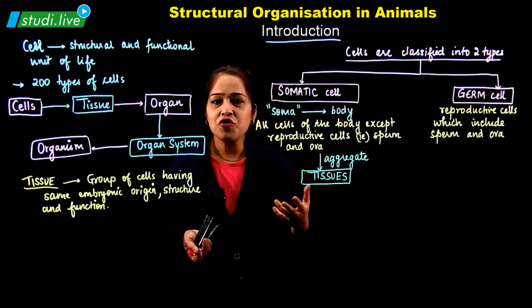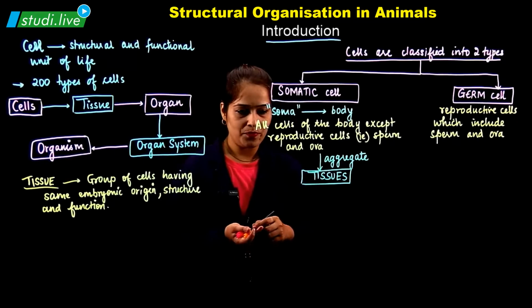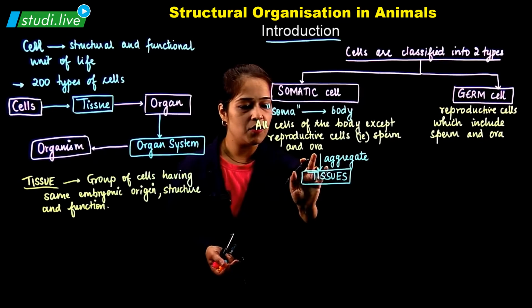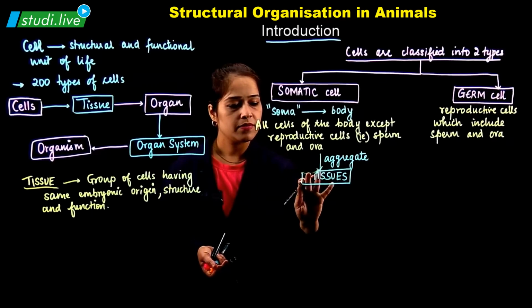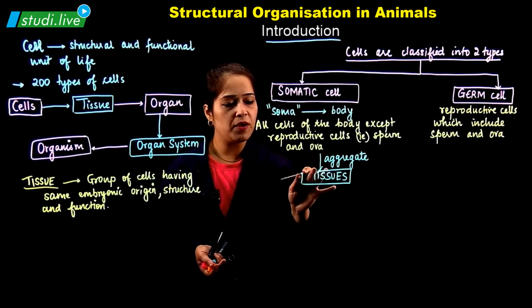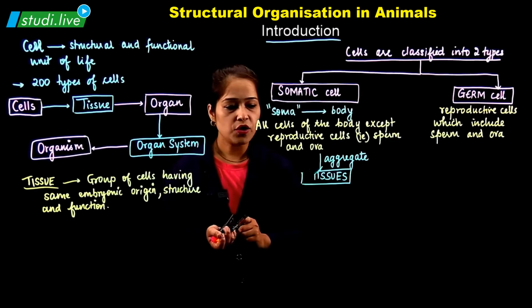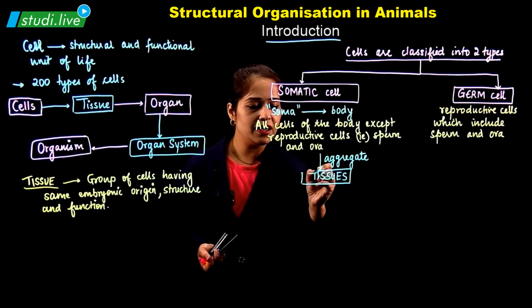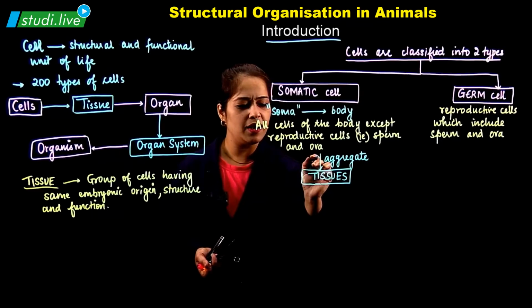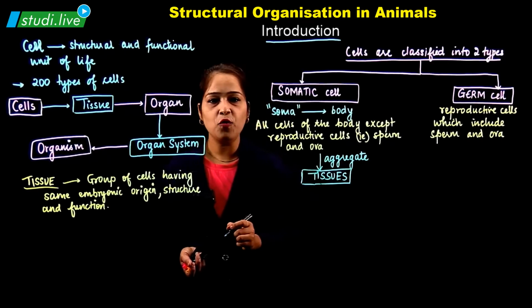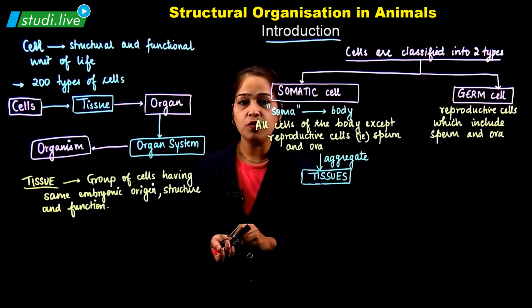Let us see which types of tissues they form. They form 4 types of tissues, called epithelial tissue, muscular tissue, connective tissue and nervous tissue.